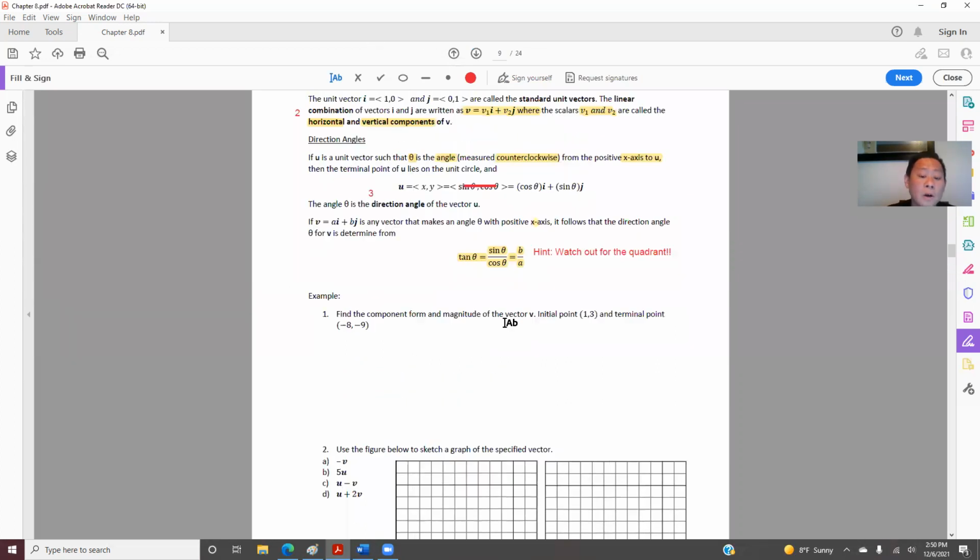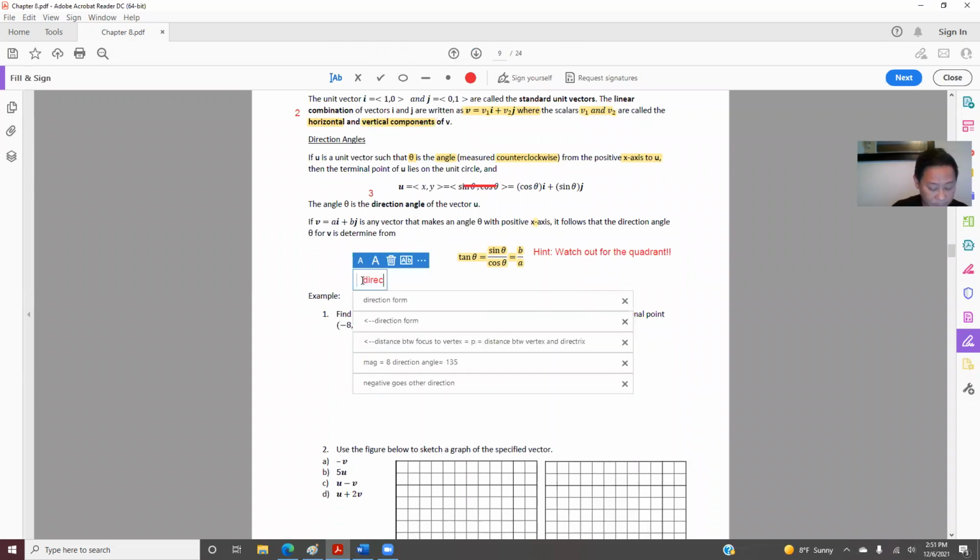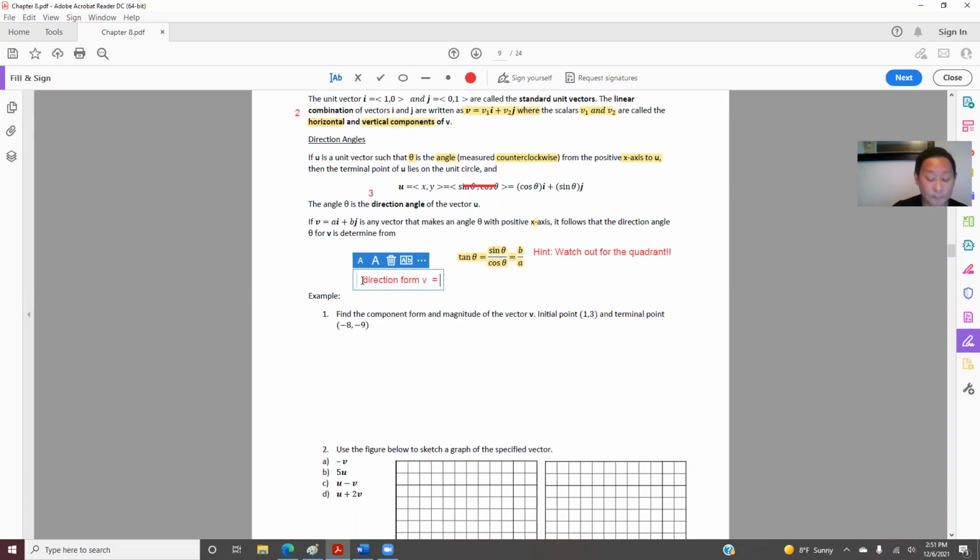Once you find your angle, the direction form of a vector v is the magnitude of vector v times cosine theta i plus sine theta j.